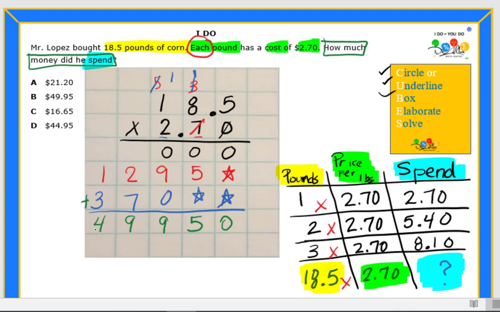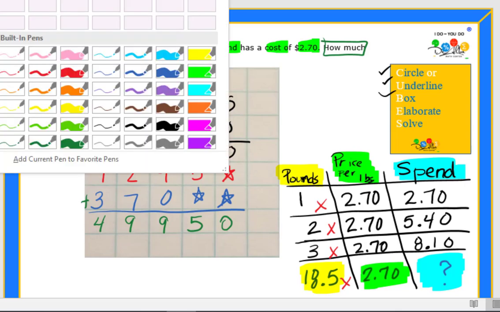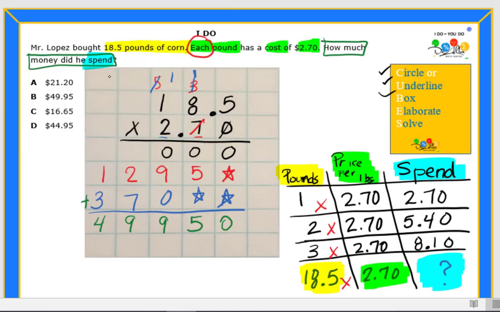Now we have our numbers, but we have to remember the decimal placement. So to do our decimal placement, we're going to count how many place values, or places, we have for the decimal. So here, there's one number behind the decimal, so we have 1 decimal place.